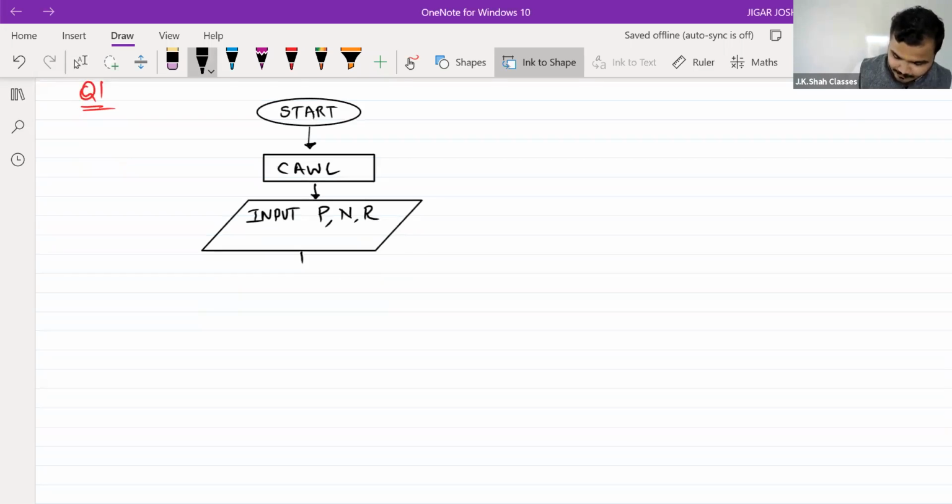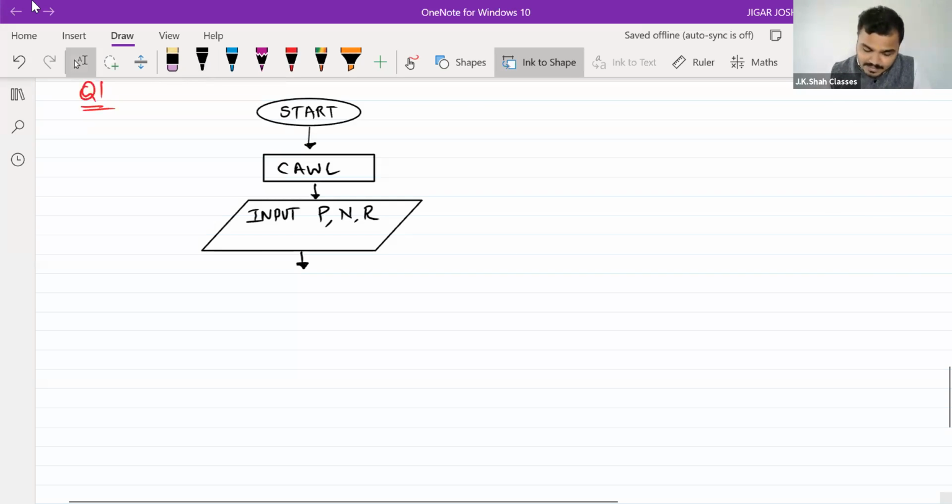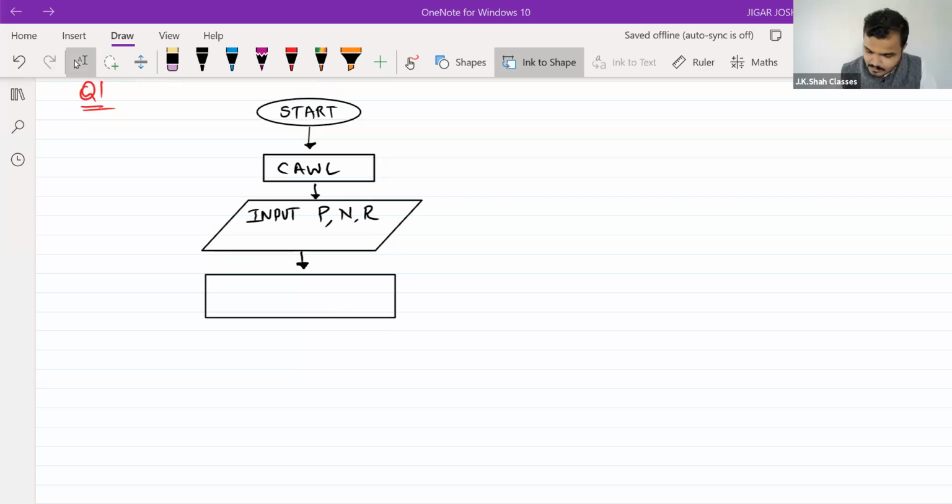Once this is done, after input, our next step would be process. Yes, or no? Process is always indicated in which box? Sir, it is always indicated in a rectangular box. So see this: simple interest SI is equal to P * N * R / 100.